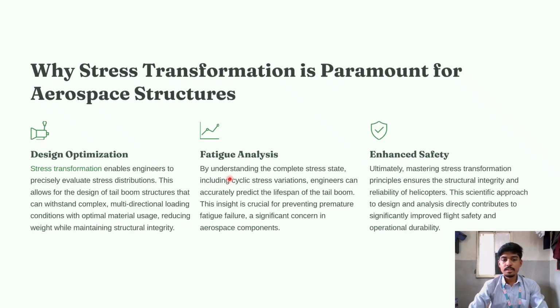Then second is fatigue analysis. By understanding the complete stress state, including cyclic stress variations, engineers can accurately predict the lifespan of the tail boom. This insight is crucial for preventing premature fatigue failure, a significant concern in aerospace components.